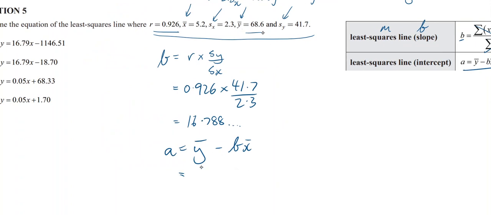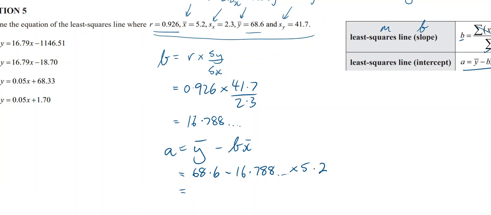We've got y bar is equal to 68.6 minus b. B we worked out before to be 16.788, etc. Multiplied by the x mean, which is 5.2.